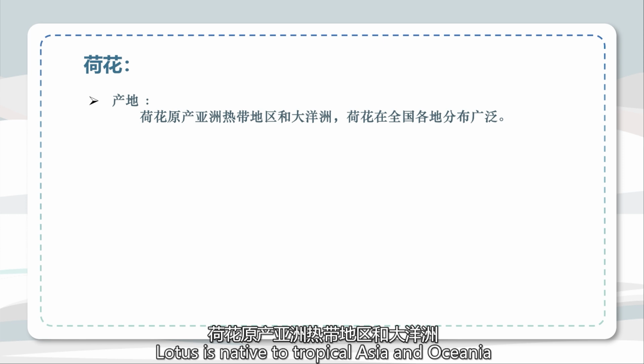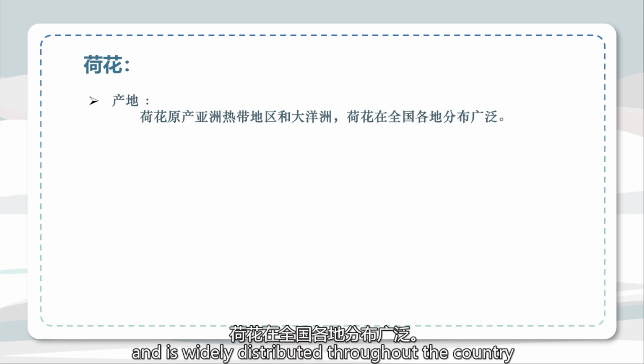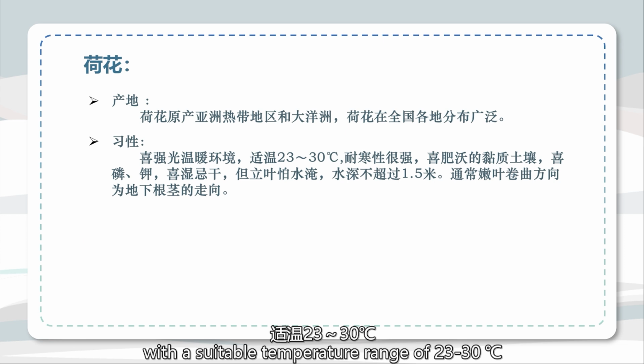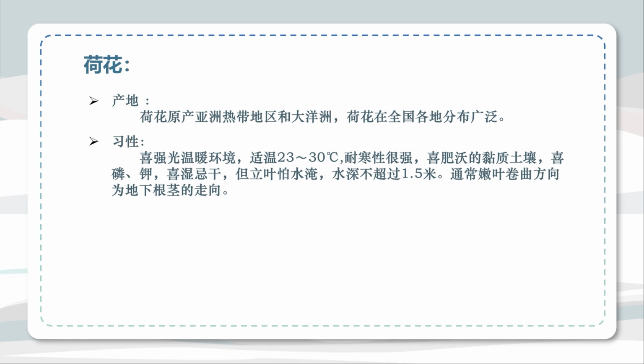Lotus is native to tropical Asia and Oceania, and is widely distributed throughout the country. It prefers strong light and warm environments with a suitable temperature range of 23 to 30 degrees Celsius. It has strong cold resistance and prefers fertile clay soil rich in phosphorus and potassium.